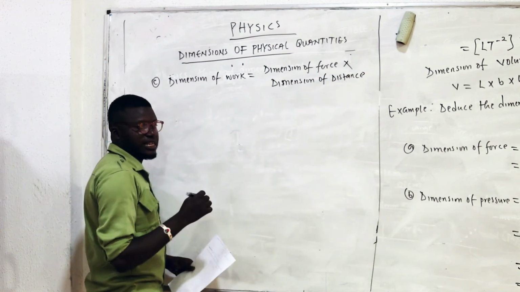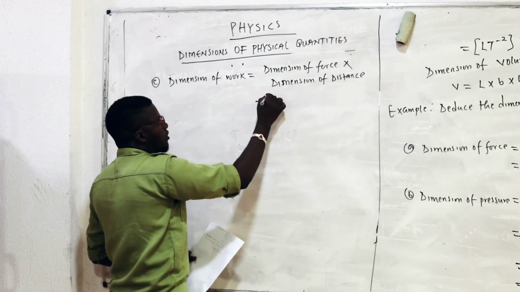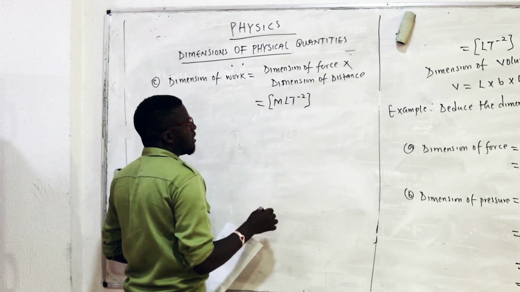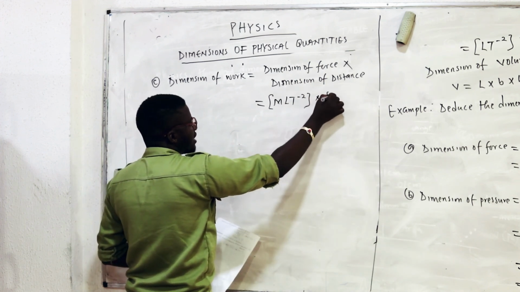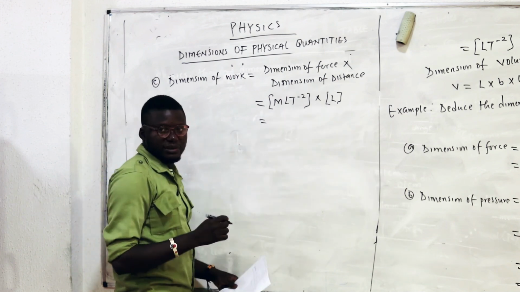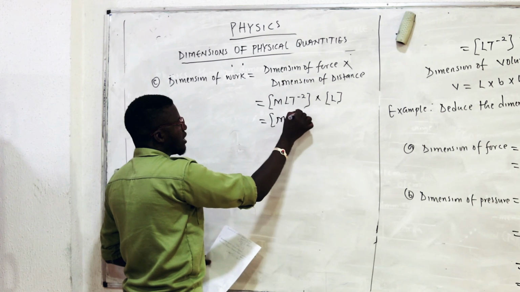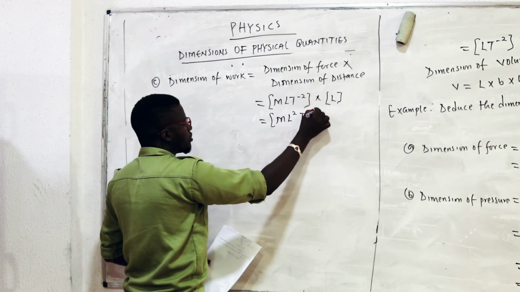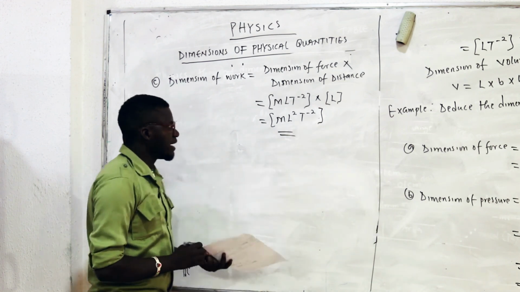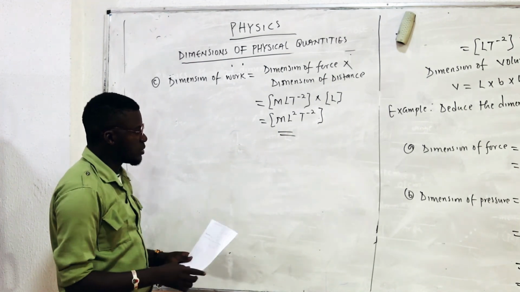So my dimension of force is MLT minus 2. Then my dimension of distance is L. So if I multiply this, L times L is the same thing as L squared. So I'm going to have it as ML squared T raised to the power of minus 2. So that's my dimension for work, ML squared T raised to the power minus 2.